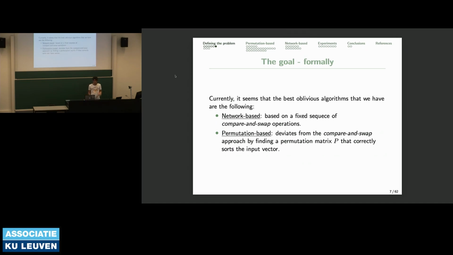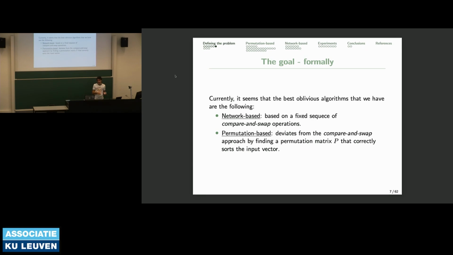Currently, the most used approaches in the FHE world are network-based sorting and permutation-based sorting. So concerning the network-based sorting, I will go with an example later, but we have this network, which is composed of a lot of compare and swap operations. So this compare and swap operation is just an operation that corrects pairs of values depending on the ordering.